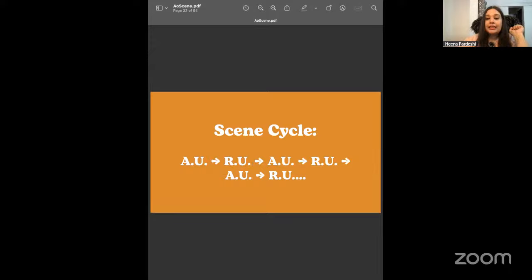This rhythm creates natural pacing, emotional highs and lows, tension and release, clarity of motive, and realistic character arcs. For example, in Hunger Games, action unit, Katniss destroys the career supply. Reaction unit, she processes Rue's death. Action unit, she goes after the next threat. Reaction unit, she rethinks her alliances, and so on.